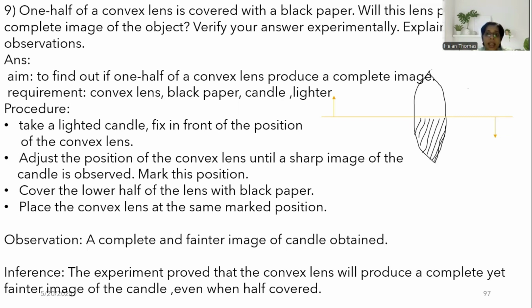So you can write your observation as: when the lens is uncovered, you will get an image, and it is a real, inverted and sharper image.